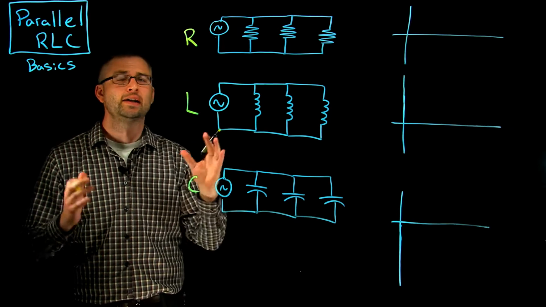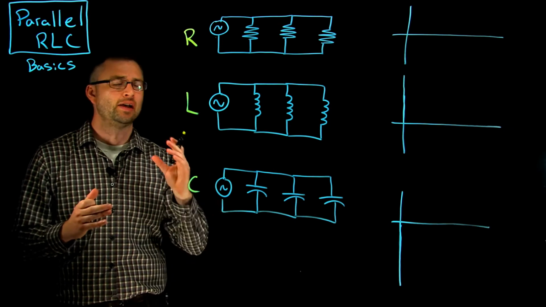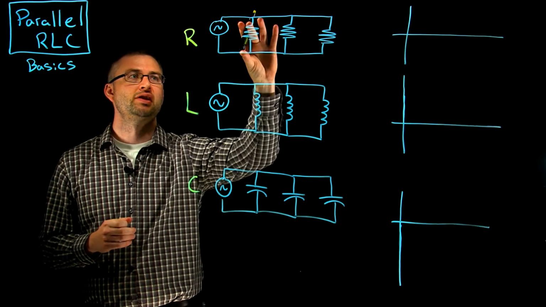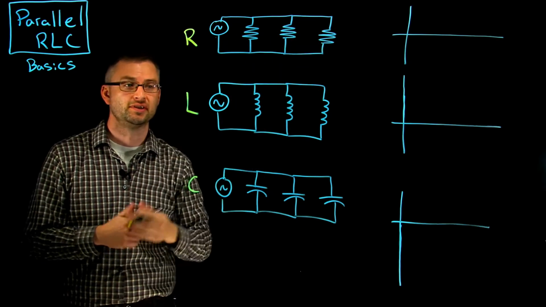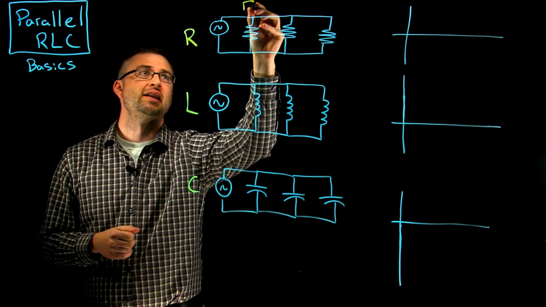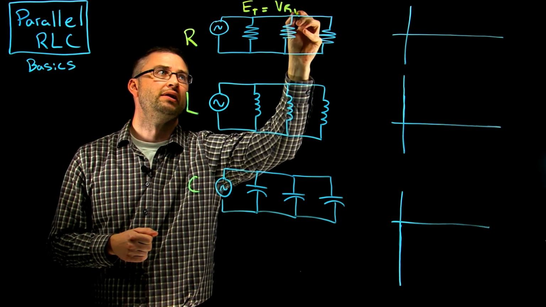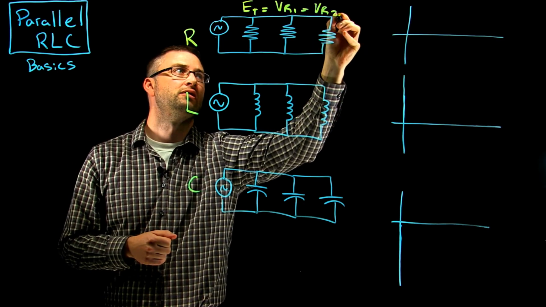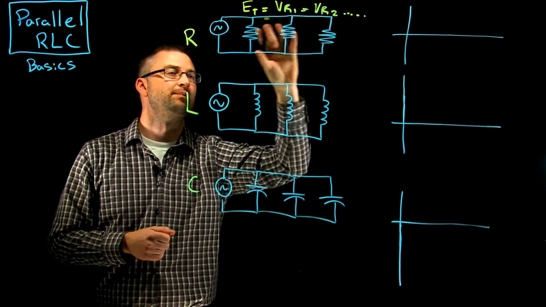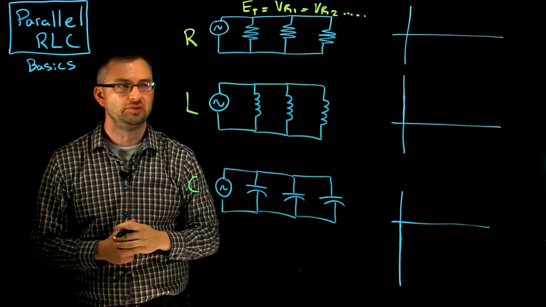All right, so a couple of things, very basic. What we want to understand is the voltage across each component is going to equal the source voltage. So we could say that E total is equal to the V of R1, which is equal to the V of R2, etc. So the voltage across everything will be the same.